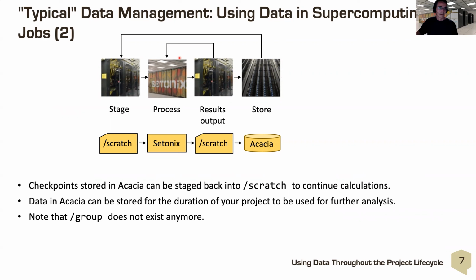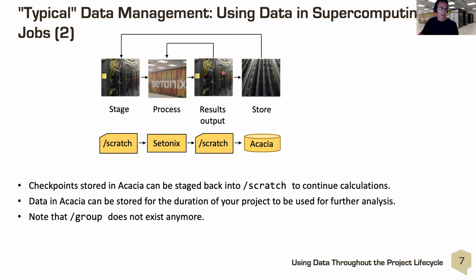This is a little bit more about the same, but in this case, we are considering another possibility: once you have stored some information into Acacia, you may need it again for follow-ups. It's basically something like reusing those checkpoints once they are not available in Scratch. So you need to stage them again and then use them in your supercomputing jobs again.